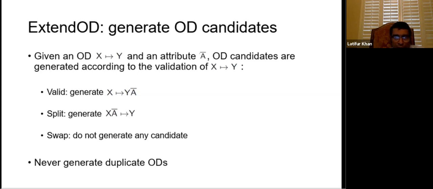If the validation result is valid, which means no violation, A is appended to the right, so we get X orders YA. If the validation result is split, which means there is a split violation but no swap violation, A is appended to the left, so we get XA orders Y. If we find any swap violation, no candidates will be generated. It can be proved that this strategy is efficient because it never generates duplicate ODs.